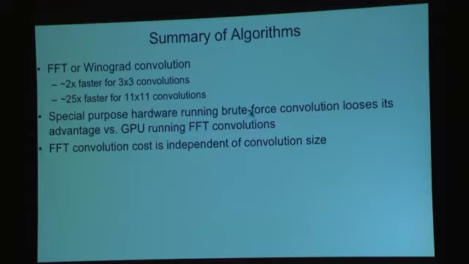So special purpose hardware running a brute force convolution is slower than a GPU running a transform-based convolution. And what's really great about the FFT convolutions is they're independent of convolution size. It costs no more to do a 5x5 or 7x7 or even an 11x11 convolution than it does to do a 3x3 if you're using an FFT to do it.